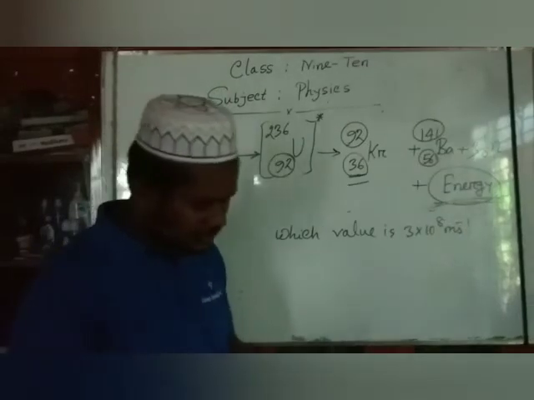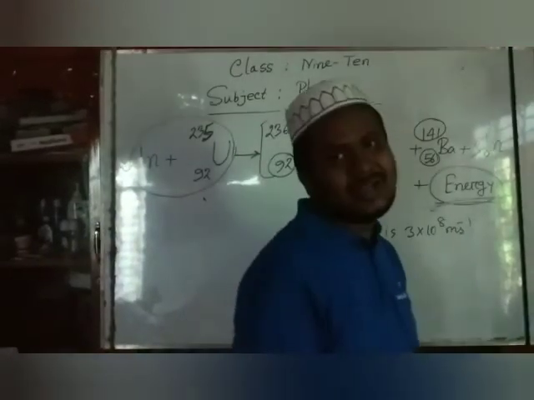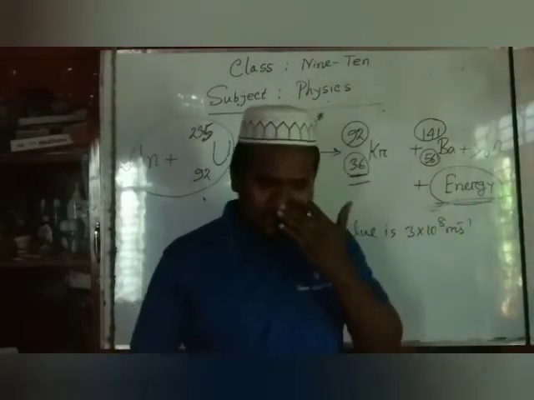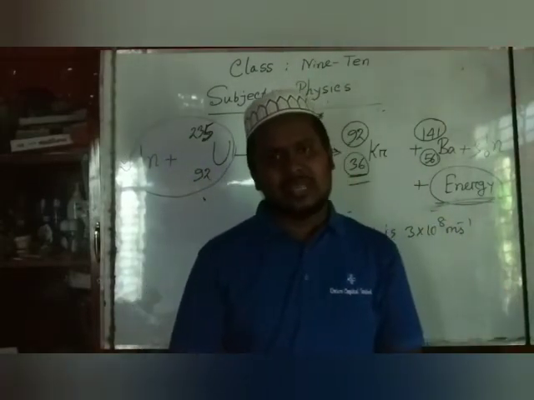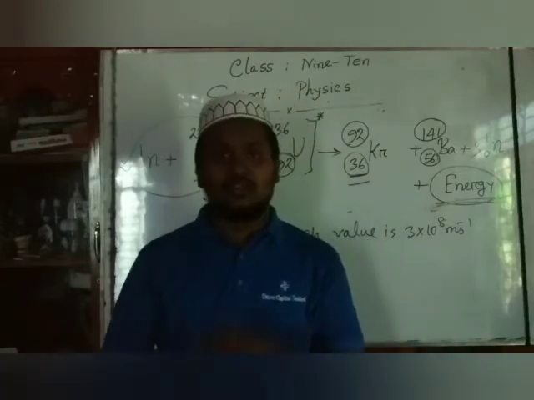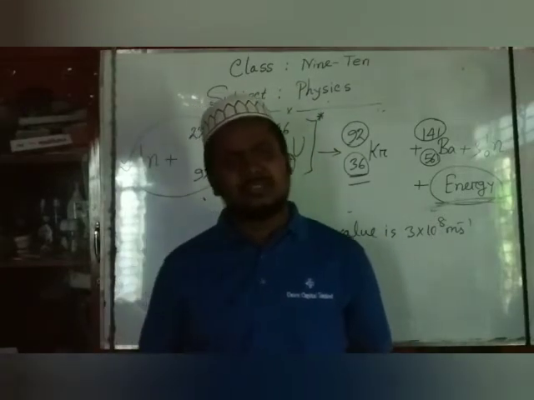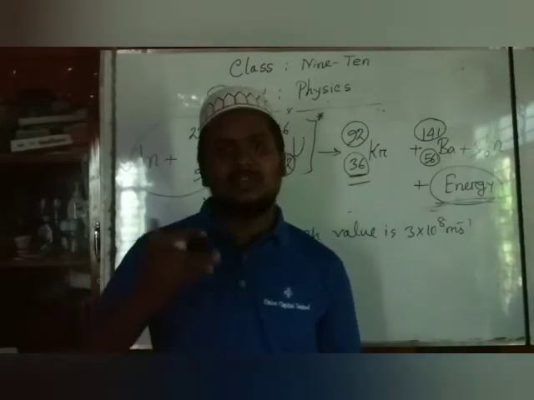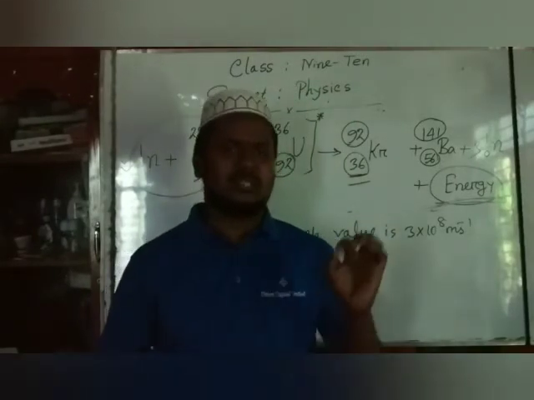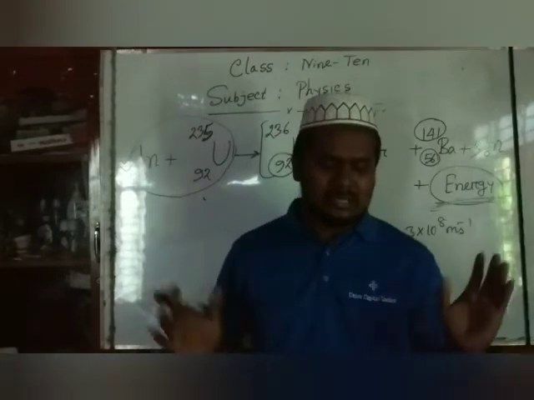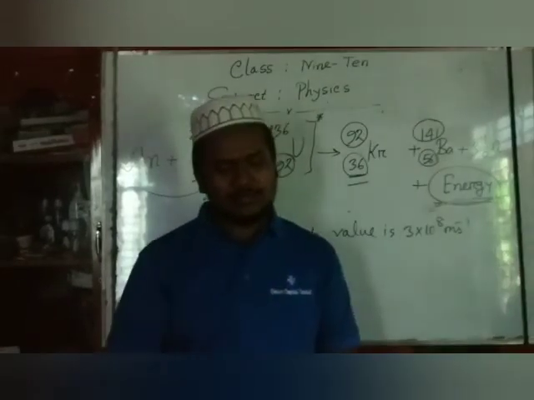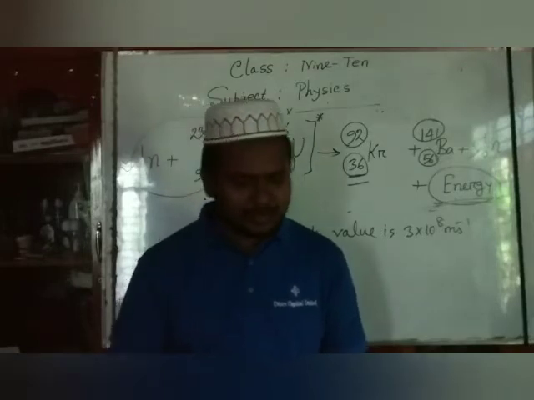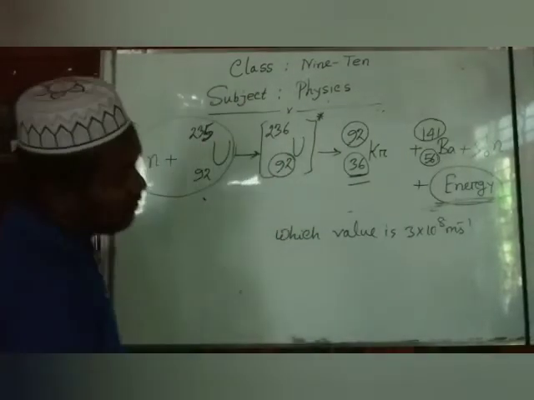Now we say the principle of conservation of energy. Dear students, you know that energy is not created and energy is also not destroyed. It is just transferred from one form to another. So we say that the total amount of energy of the universe is constant.